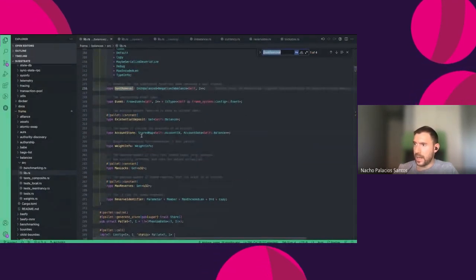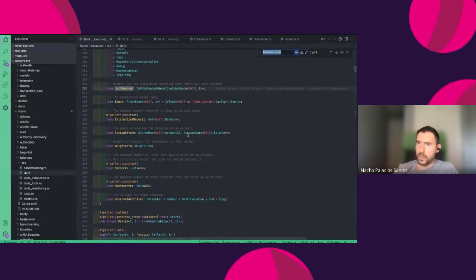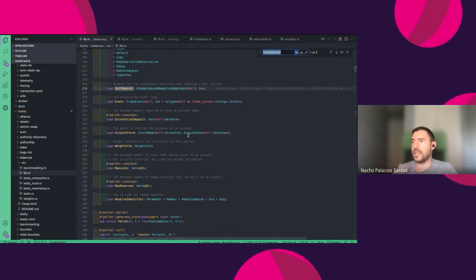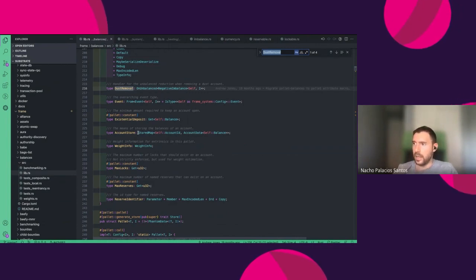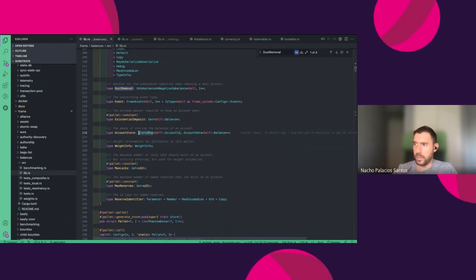The next one is the account store. This is where the coupling happens between the frame system pallet and the balances pallet. Everything it's asking is: give me a struct that implements this trait, the StoredMap.